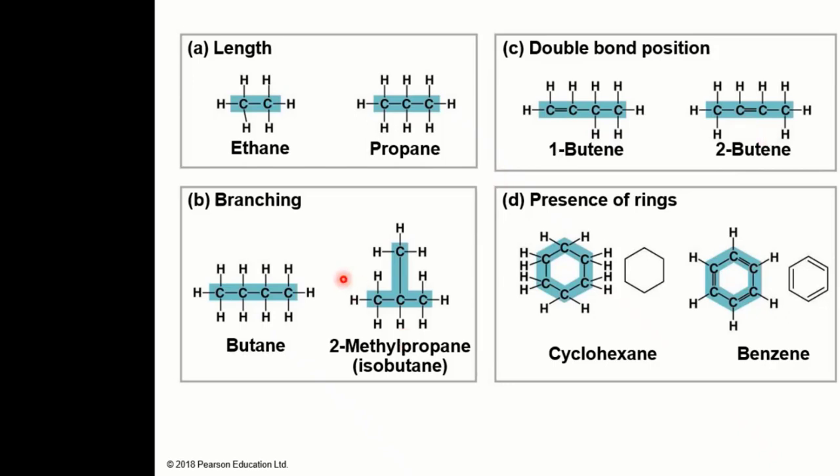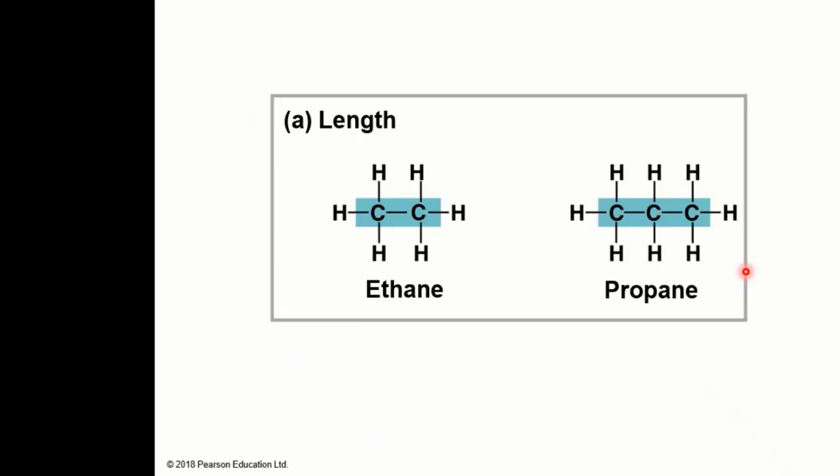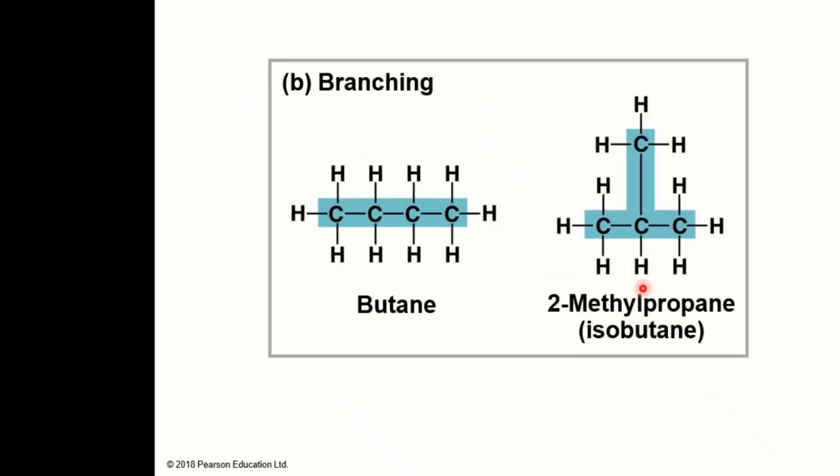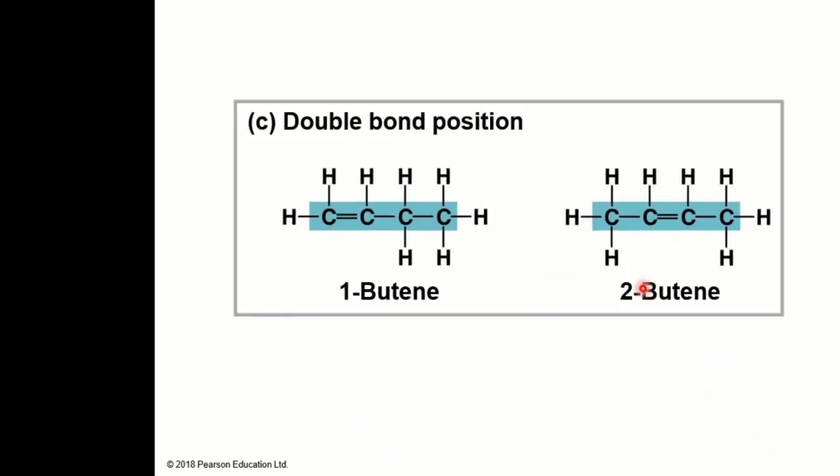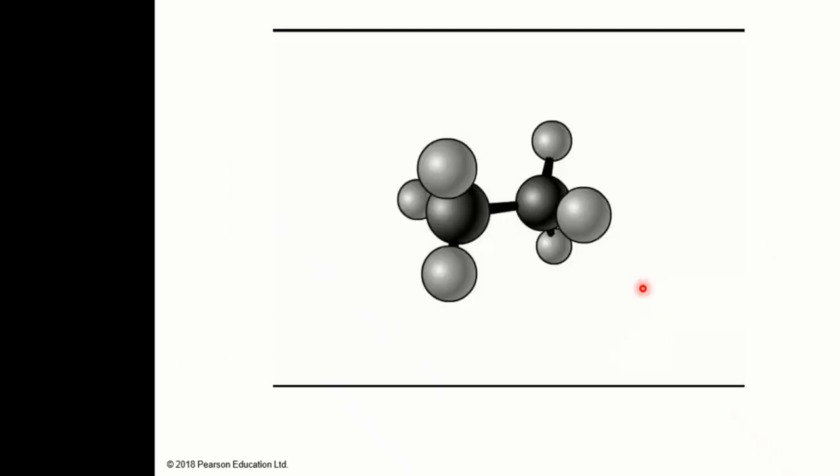And in terms of branching, this one doesn't have a branch, it's a single strand. This one here is branched. And the presence of rings, you can see here it's ringed, in cyclohexane and in benzene. The length here is just an illustration. Also, the structure of the presence of rings.